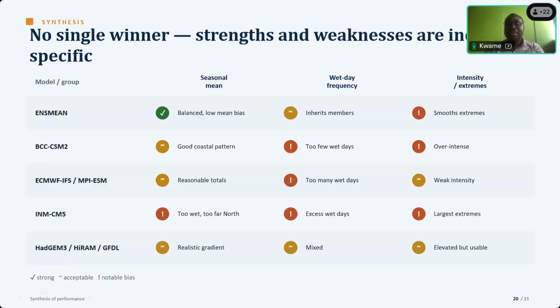When you are using the ensemble mean, the intensity tends to smooth out, and in other cases, it tends to inherit the biases from the individual models.